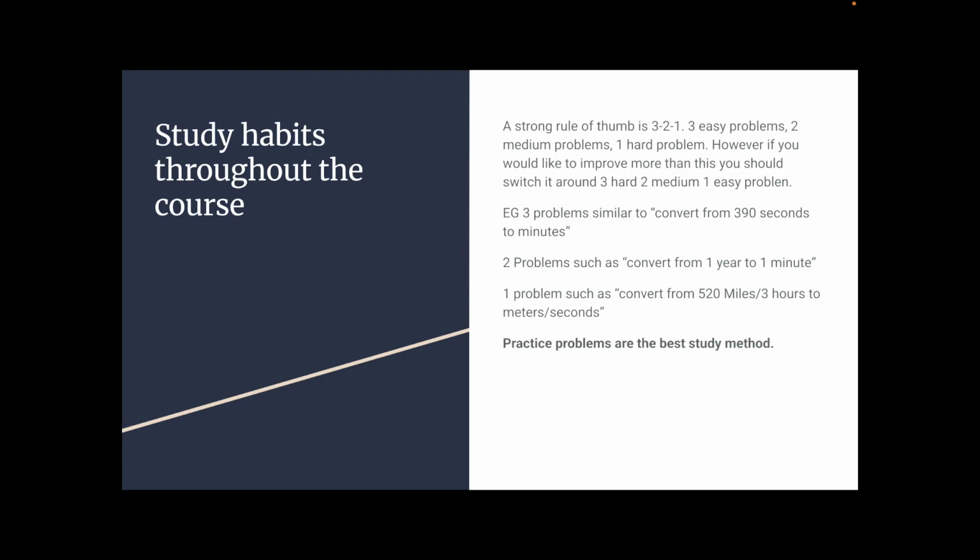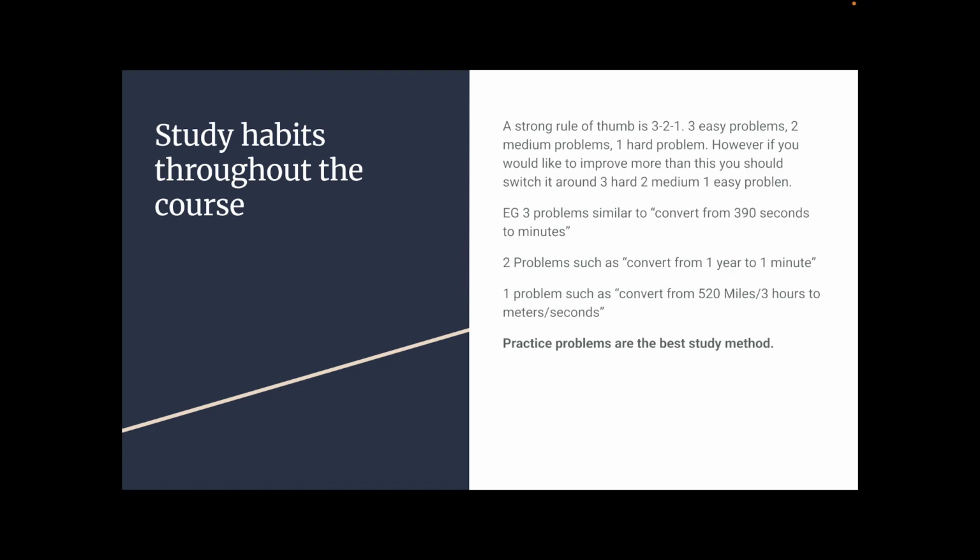Example givens: 3 easy problems are similar to convert from 390 seconds to minutes. It's 1 conversion factor. 2 medium problems are convert from 1 year to 1 minute. Those require more conversion factors. However, they are still simple as long as you know where to put them to cancel out the units.